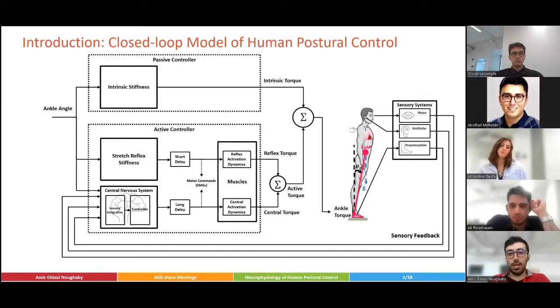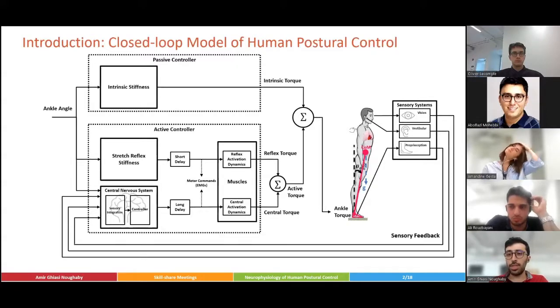systems. We know that the human body is inherently unstable because we assume it as a single inverted pendulum pivoting around the ankle that is inherently unstable. Some internal disturbances like heartbeat and respiration, or external disturbances like gravitational forces or pulling and pushing forces, make the body deviate from its upright position.